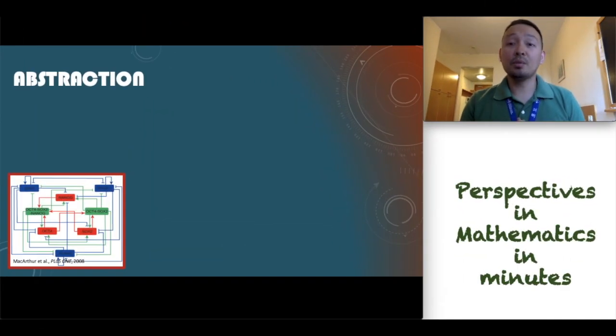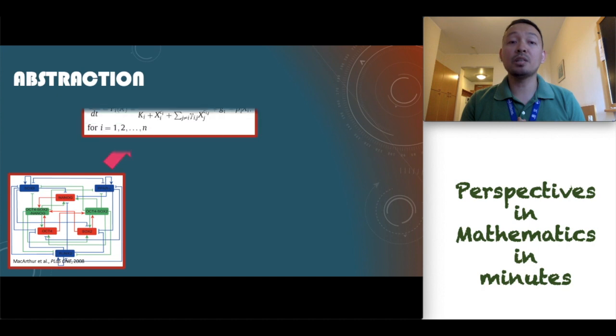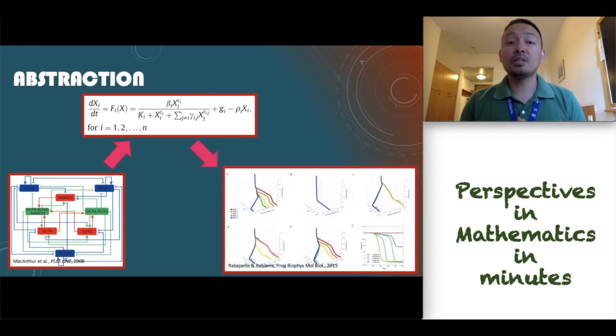To give an example, let's say we have a biological system, in this case, a gene regulatory network. We can probably translate this to mathematical expressions such as using differential equations. And from these differential equations, we can do analysis such as doing numerical simulations. And from these numerical simulations, we can probably draw conclusions that we need to test.